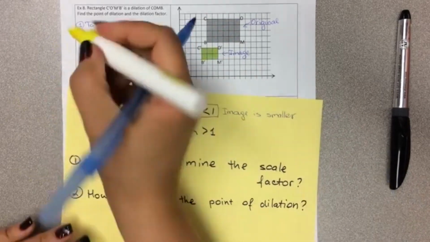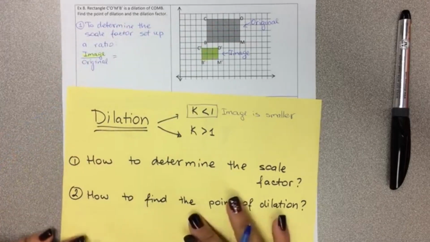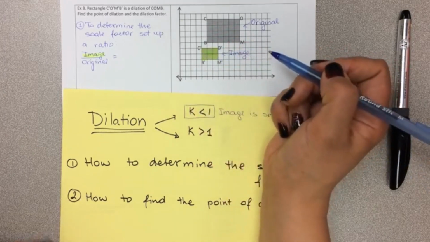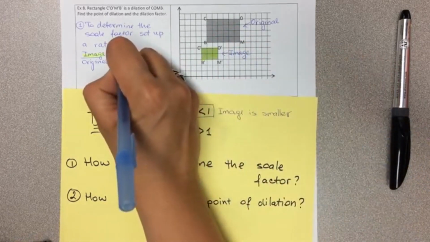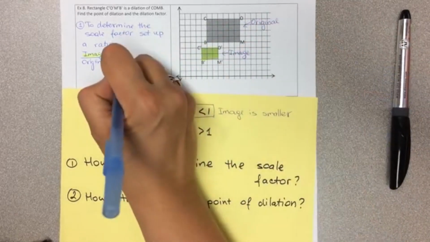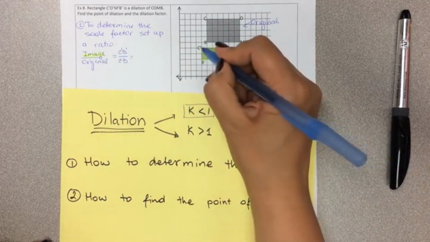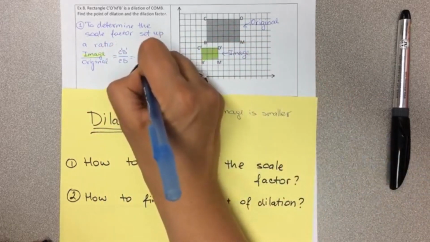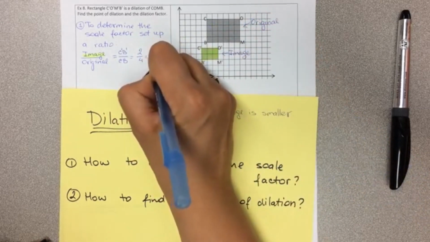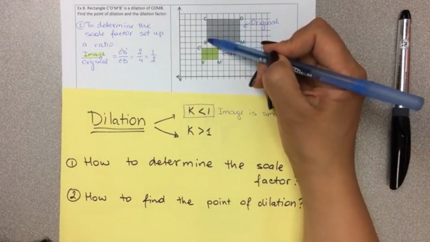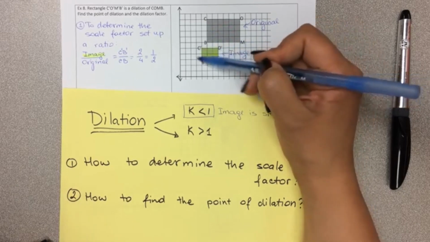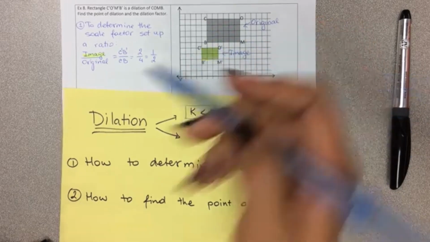So let's pick a side of the image. Let's say CB. That one is 2 units, and OM is 2 units. So let's say CB prime to the corresponding side CB of the original. CB prime has 2 units and CB has 4, which gives us the ratio of 2 to 4. That means that 4 divided by 2 is 2. So the image is half size.